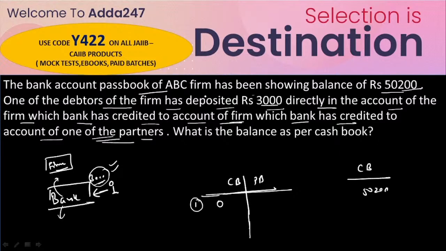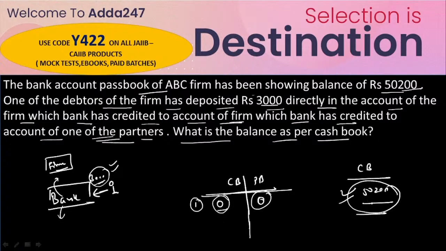Instead of depositing in the firm's account, the bank deposited in one of the partners' accounts. So for this transaction, now just tell me, the passbook balance would also be zero, isn't it? So if we have to find out the balance as per the cash book, what would it be? It is zero and this is also zero. That means the cash book balance of the firm would be 50,200. That would be the same.